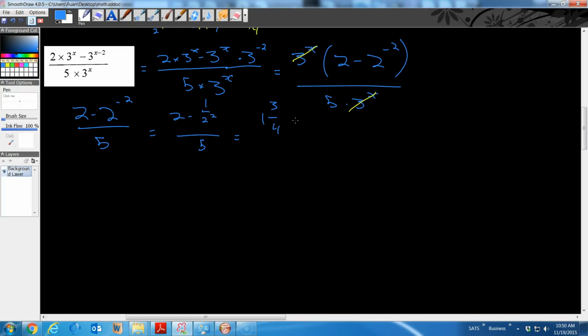Then divided by 5, that's the same as times 1 over 5, right? And I suppose you would just use your calculator here, but I don't have a calculator on screen. So that's 7 over 4 times 1 over 5, which is 7 over 20. There's your final answer. I think that's correct.